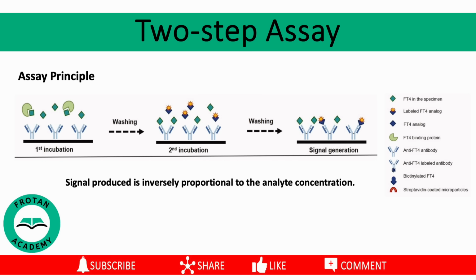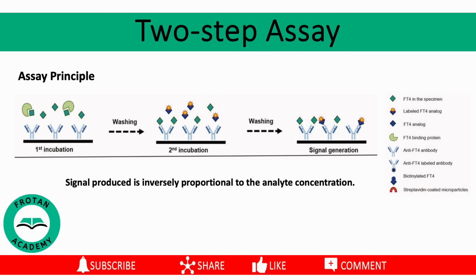The two-step assay, also known as back titration, uses anti-T4 antibodies that are immobilized on a solid support. In the first incubation phase, patient sample is mixed and FT4 from the sample binds to the fixed anti-T4 antibodies in a manner that the equilibrium between the bound T4 and FT4 in the sample is not disturbed.